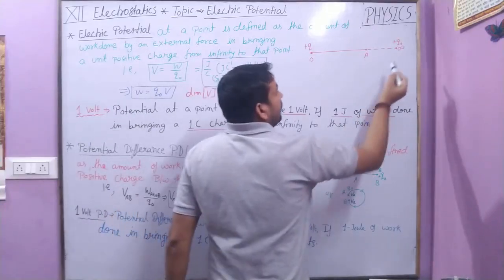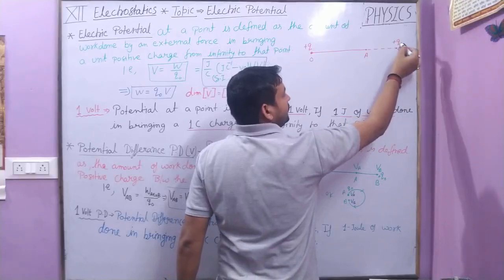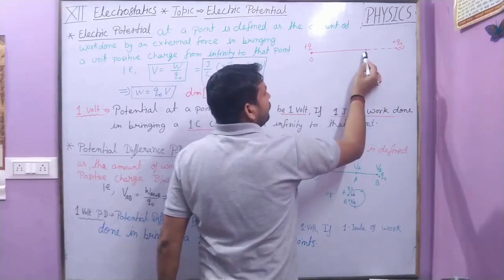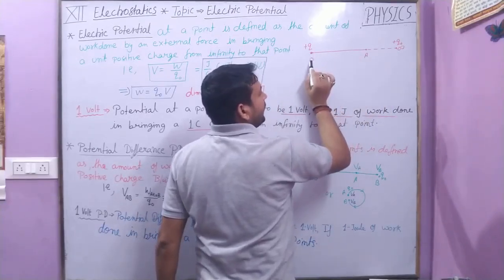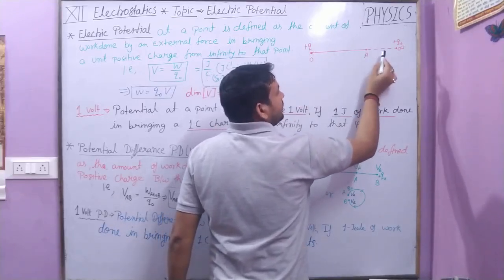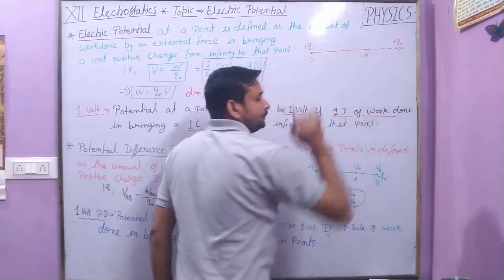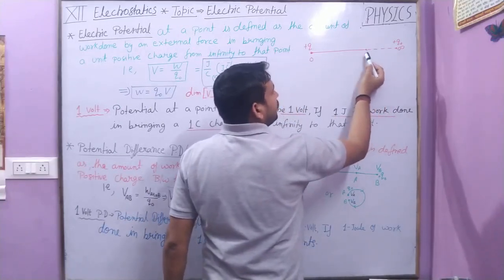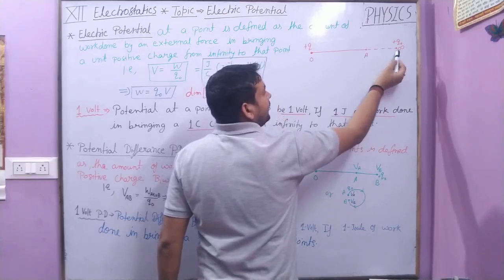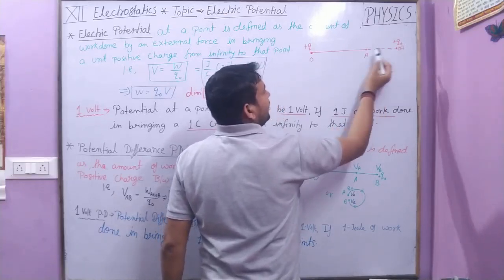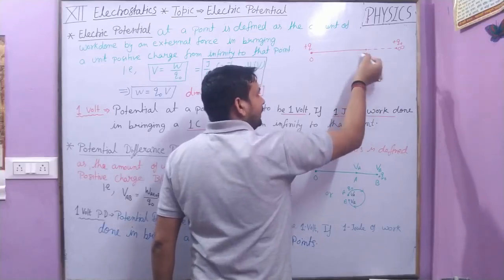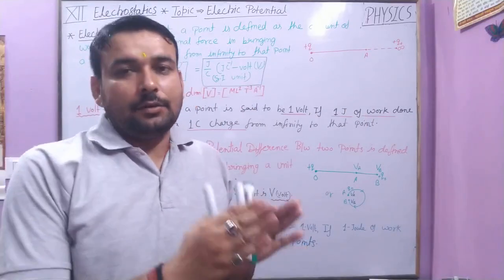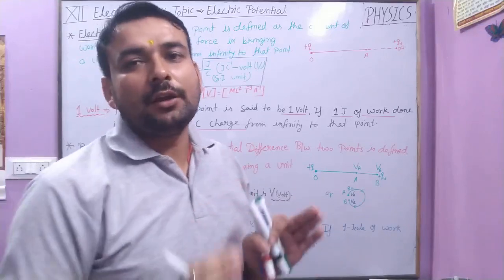When we bring this unit positive charge from infinity to a point where it experiences some force due to the charge plus q at O, then the work done is converted into the potential energy at point A. So the electric potential is a kind of energy which defines the energy of a charge system at a particular location.